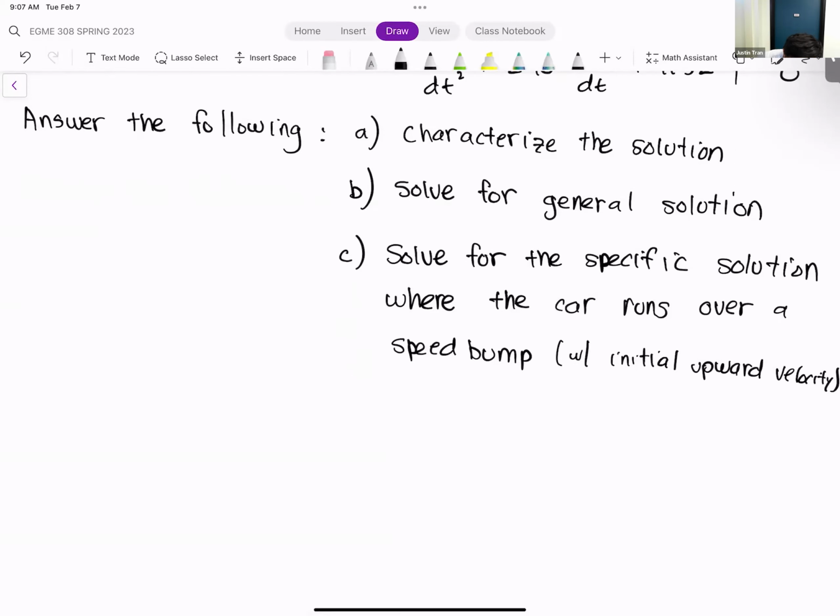We'll model that by saying dy/dt at t equals 0 is equal to 10 feet per second, and y at t equals 0 is 0. At the exact moment that the wheel strikes the speed bump, it's still on the ground. It's not going to accelerate upwards yet, but it is going to have an initial velocity. So the initial position is 0, but we give it an initial velocity.